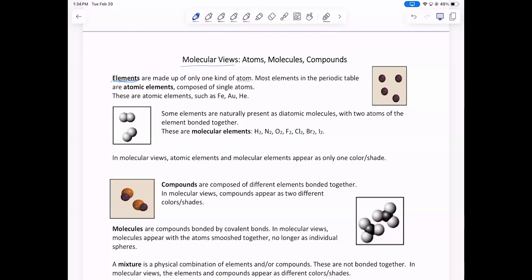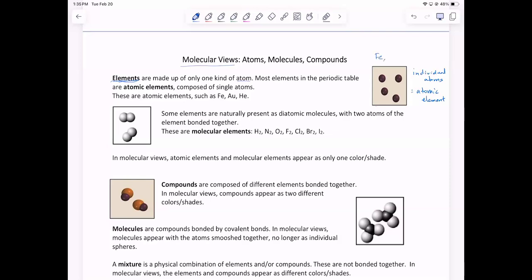And the majority of the 118 elements on the periodic table, most of them exist in the universe as individual atoms. So these are individual little spheres. And these individual atoms are called an atomic element. Like I said, most of the elements on the periodic table, you'll find iron as individual atoms.